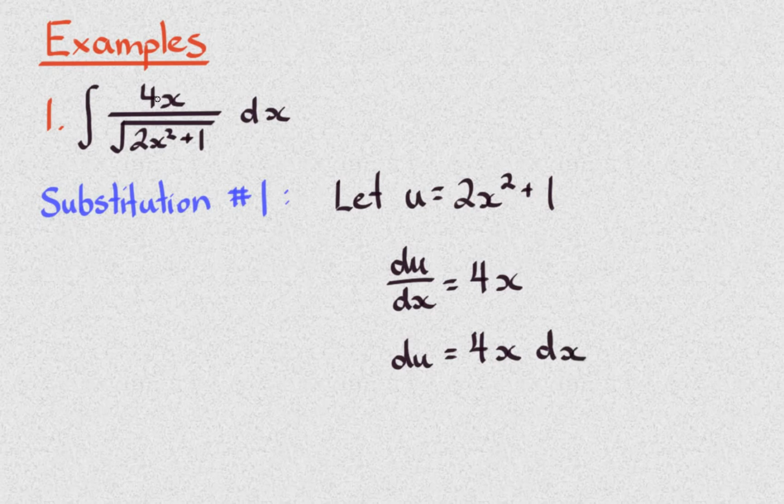And that's nice because we have 4x dx in the original question. So our original integral can be rewritten as 1 over the square root of u, since 2x squared plus 1 is u, and then du, because we've replaced 4x dx with du.